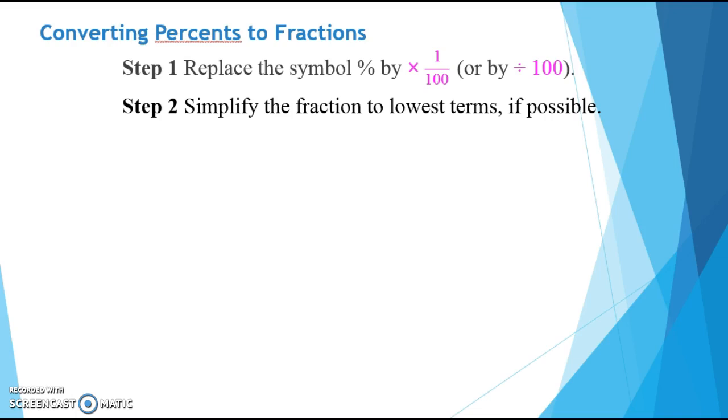So the easiest thing I think to do is just to put it over 100. So if you've got 2%, that means 2 over 100. If you've got 0.6%, it's 0.6 over 100. And then whatever you get, you're going to simplify. So reducing the fraction.